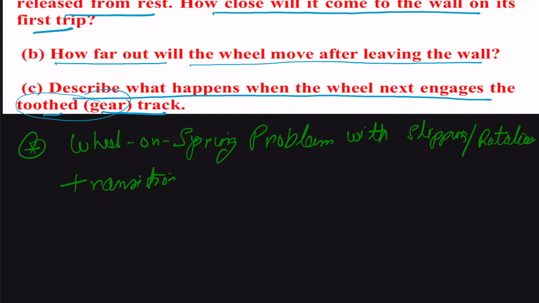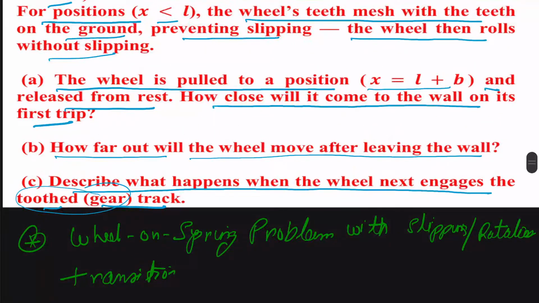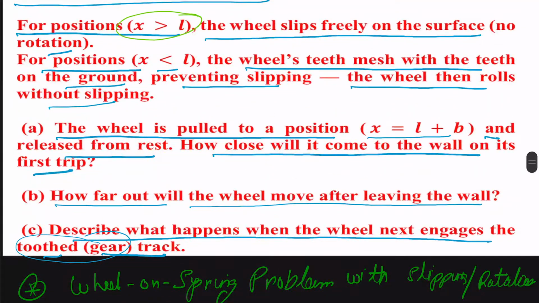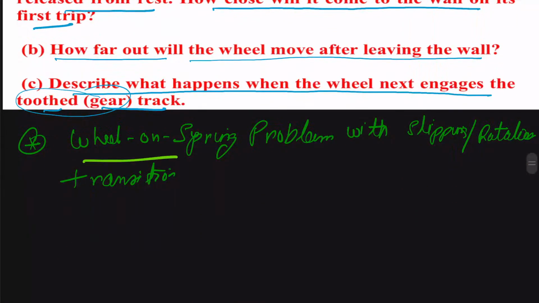Transition means it is going to move from rotation to slipping, then back from slipping to rotation, and this is a transition motion depending upon the value of the position, whether x is greater than L or less than L. So this is the simplest form. We can explain it, forgetting about the gear and everything.